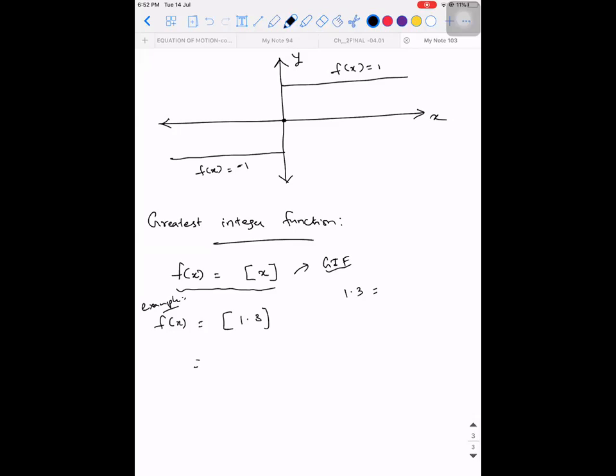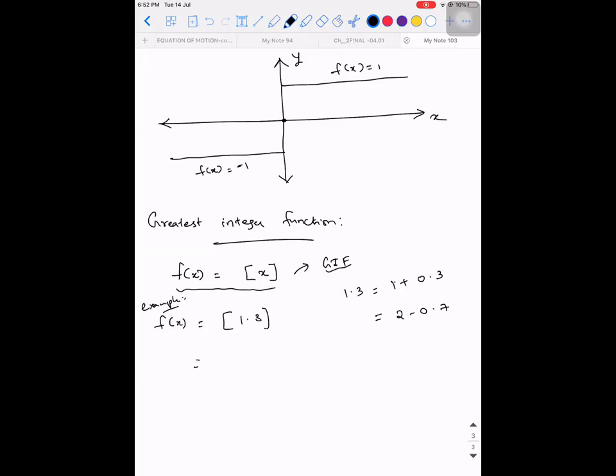This 1.3 can be written as an integer plus 0.3. I can write it as 1 plus 0.3, or as 2 minus 0.7. Both are right.